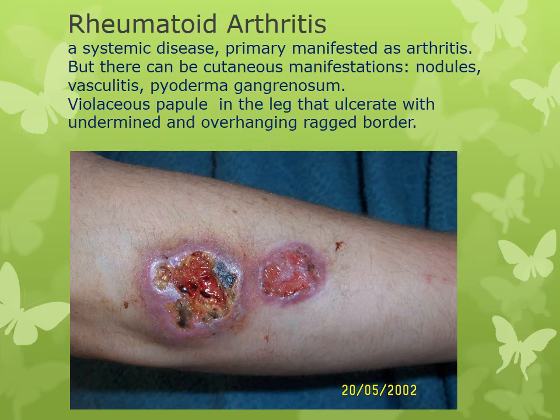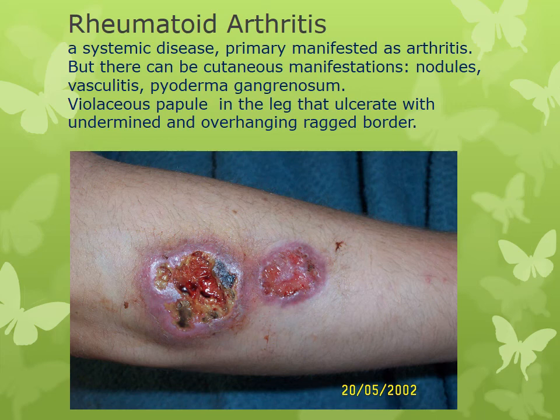The next autoimmune connective tissue disease is rheumatoid arthritis. This is a systemic disease which primarily manifests as arthritis, but there can be cutaneous manifestations. The cutaneous manifestations of rheumatoid arthritis are of three types: rheumatoid nodules, rheumatoid vasculitis, and pyoderma gangrenosum.